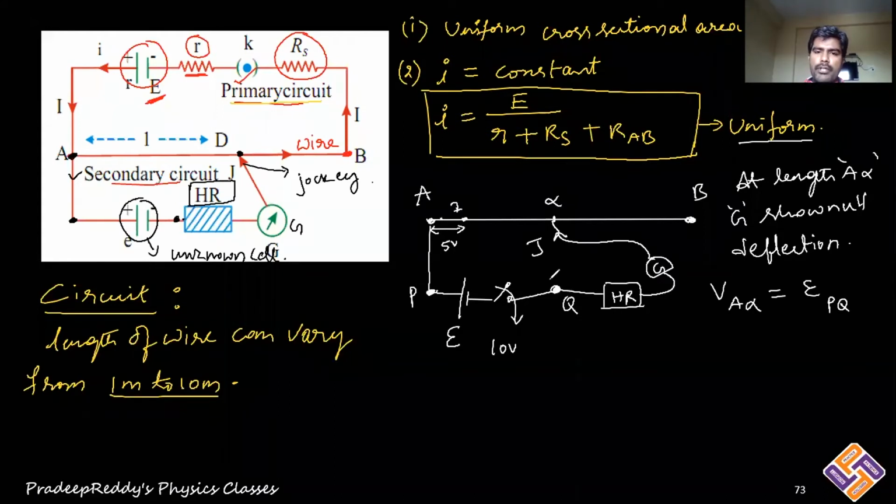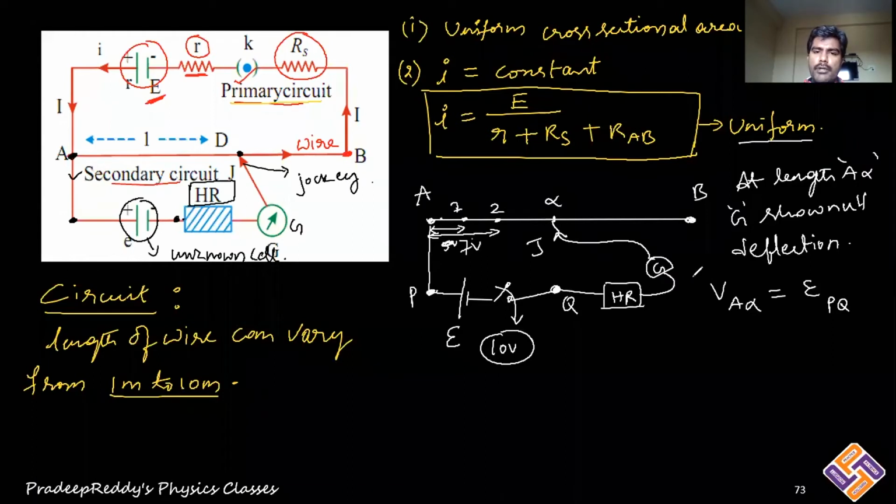Likewise, as the galvanometer is not showing null deflection, what you will do? You will take this jockey and slide it to position 2. Now as you are increasing the length, the potential dropped across this will be increased. It would now become 7 volt. 7 volt is not equal to 10 volt which you are connecting in slot PQ. Therefore, the galvanometer shows deflection. There will be some current in the circuit.